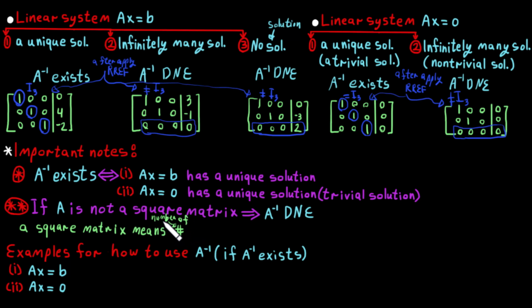Here this hash, I want to represent it as number of rows equal to number of columns.